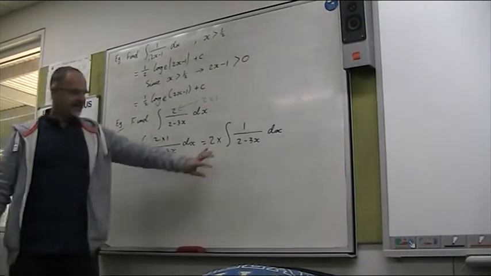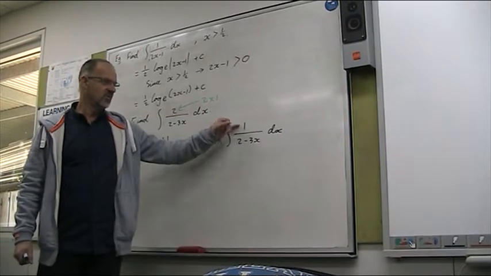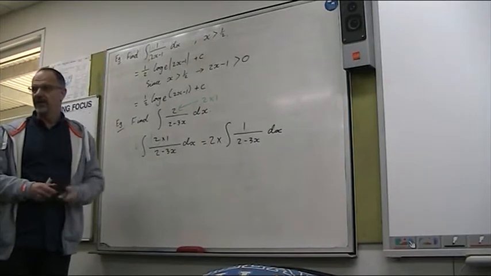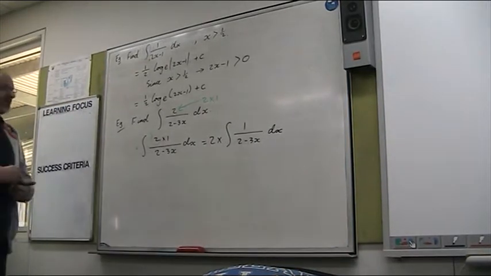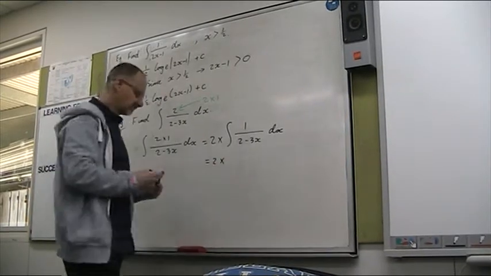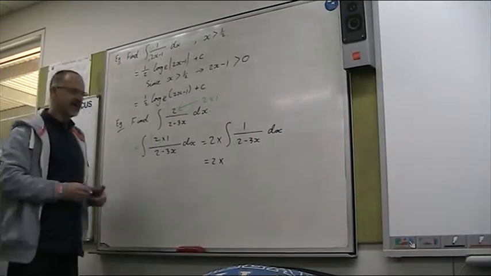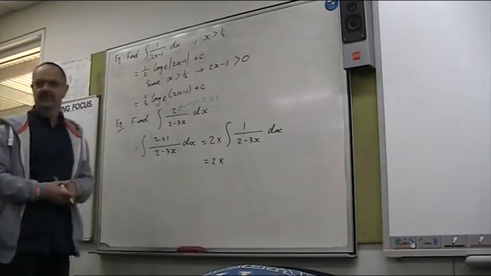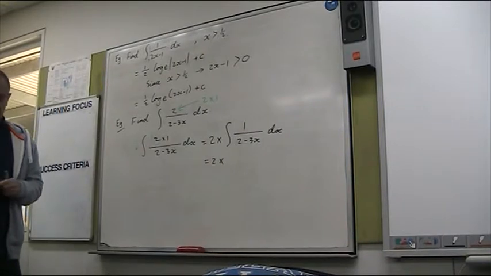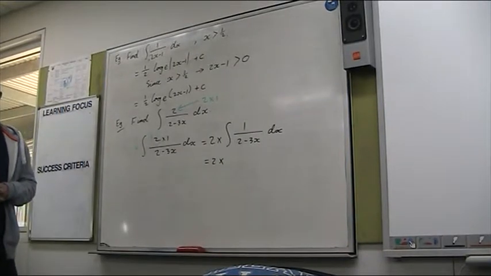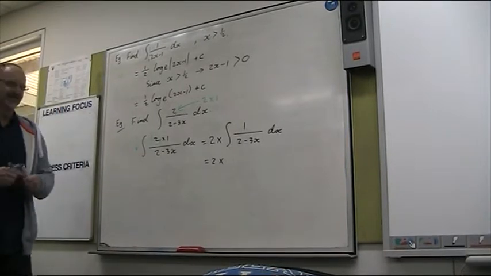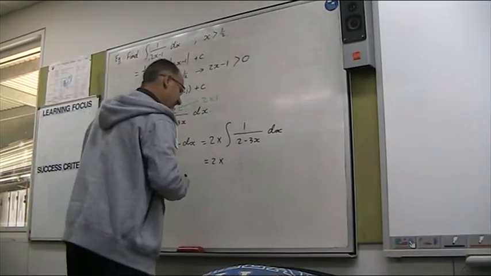Alright, so that then gets back to the form 1 over something, which is the form that we need. So what is it then? It's 2 times... What's our A in this case? A is the number in front of the x, so it's -3.